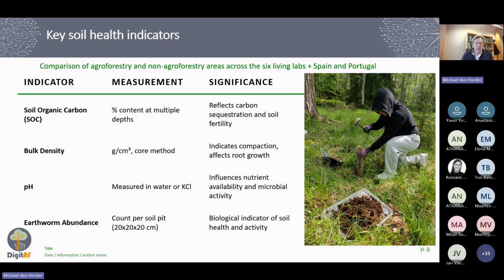Soil organic carbon reflects carbon sequestration and soil fertility.